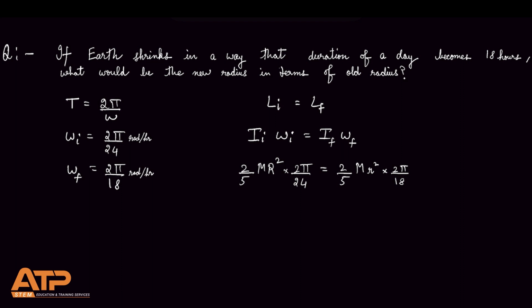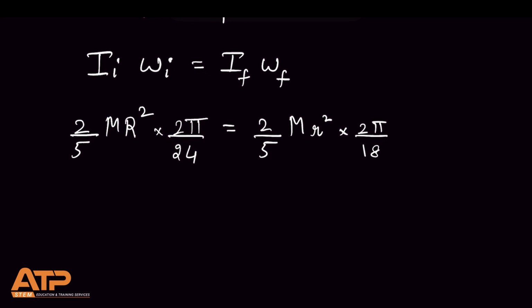Earth being a solid sphere is going to be 2 by 5 mr square rotating about its diameter. Omega initial 2 pi by 24, then finally 2 by 5 m small r square, assuming that the radius has changed, into 2 pi by 18, right? You can see 2 pi, 2 pi, 2 by 5 m, everything is the same, that's going to cancel.